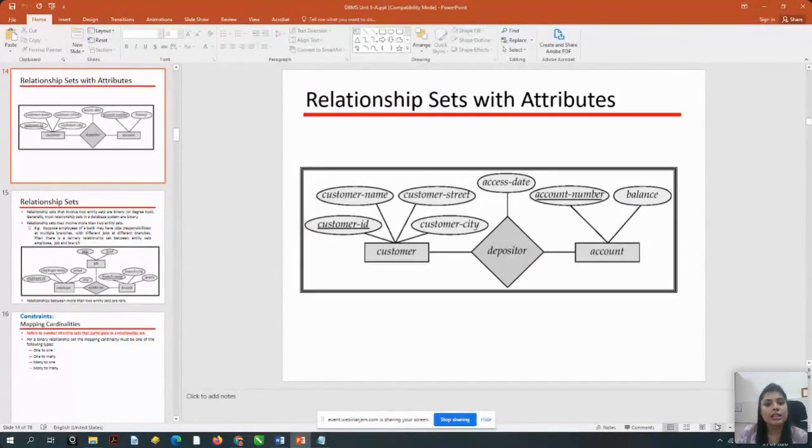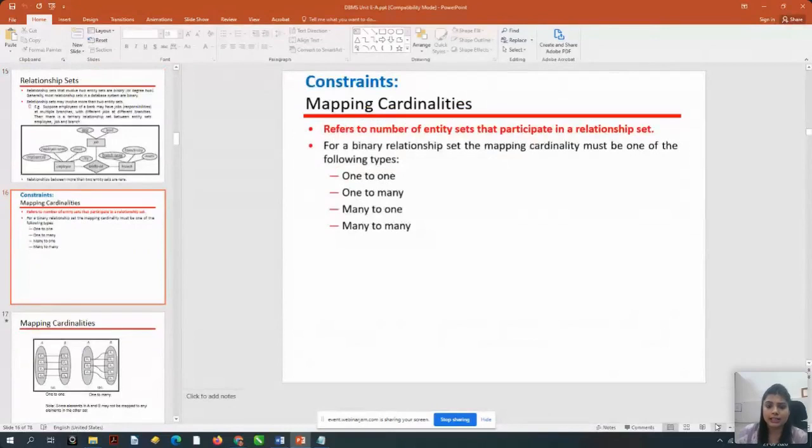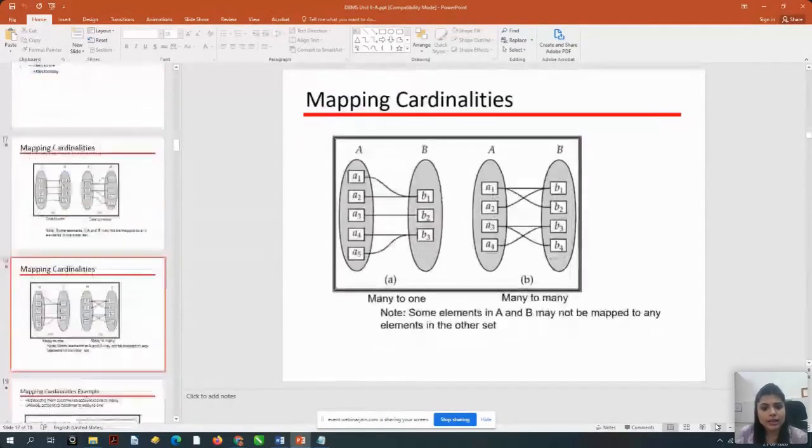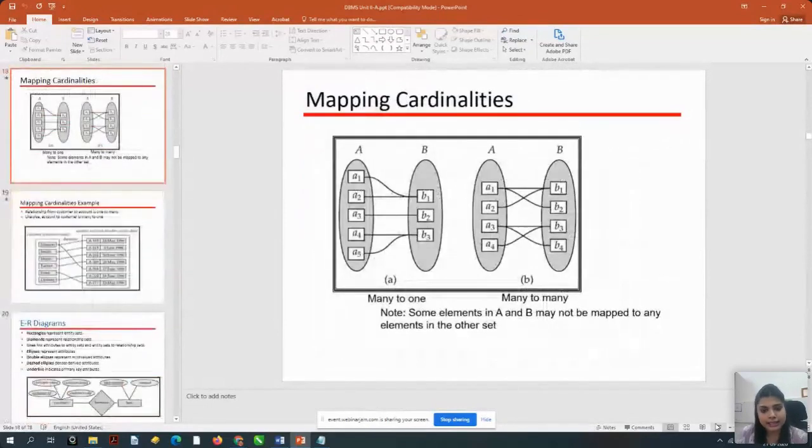Then the relationship cardinalities among various entity sets, how they are related: one to one, one to many, many to one, and many to many. So these are the cardinalities which we discussed. We need to remember this. Directed line and undirected line are used for mapping the cardinalities.